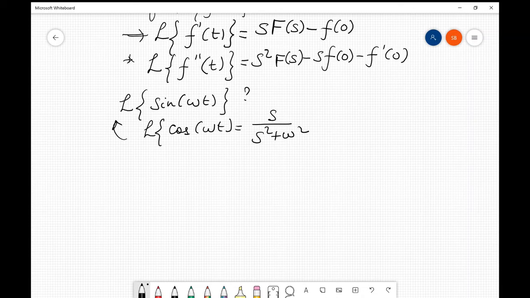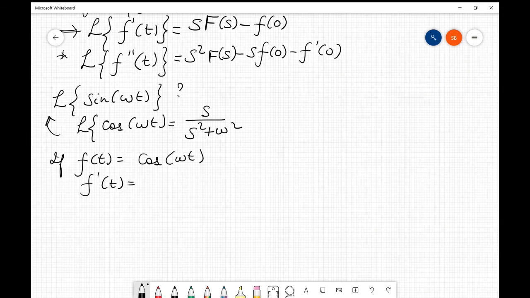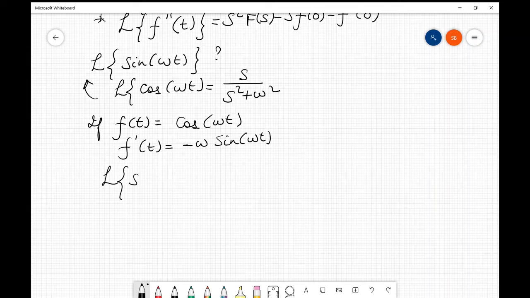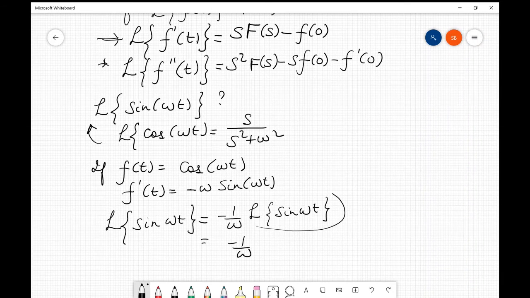We know that if f of t is cos omega t, then the derivative of f of t is minus omega sine omega t, which means the Laplace transform of sine omega t is going to be minus 1 over omega times the Laplace transform of the derivative of f of t, which is going to be minus 1 over omega multiplied by, if we use this property here, what is it going to be?